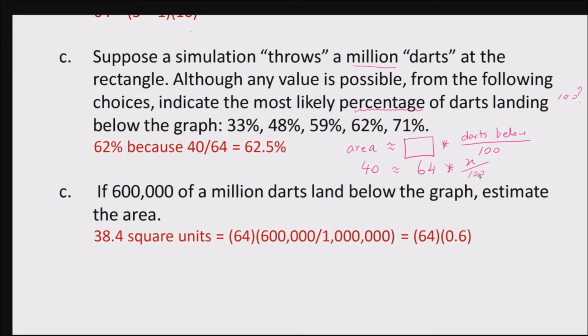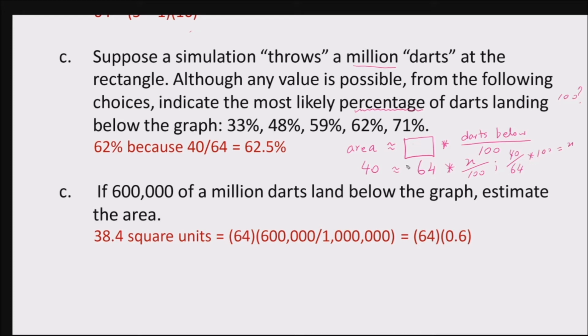So what is this equal to? Well, it is 40 over 64, multiplied by 100, is equal to x. This is the percentage, because for 100 darts, how many will it hit?